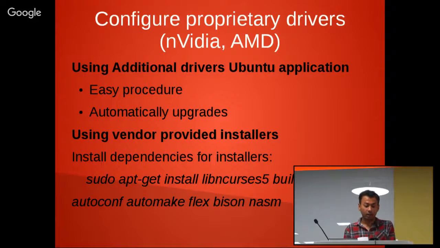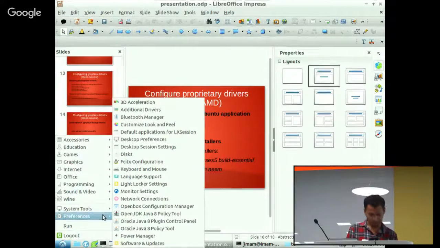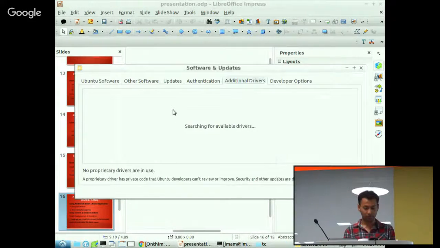So again, there are two ways you can install these drivers. The easy one is you just launch the Additional Drivers app, and it's very easy once you open this program. You just have to find this app on your Ubuntu.